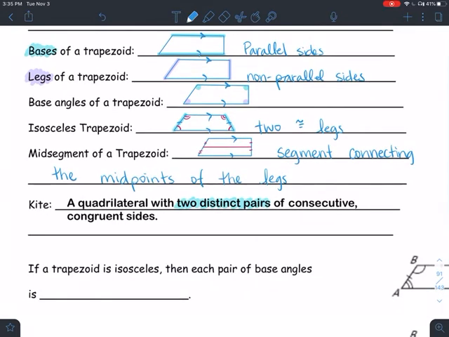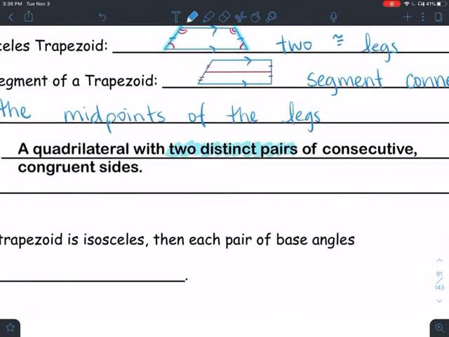The reason that we want two distinct pairs of consecutive congruent sides is because a rhombus also has consecutive congruent sides. But what you'll find in a kite is that the pairs of congruent sides are different lengths. So in an example just like that.